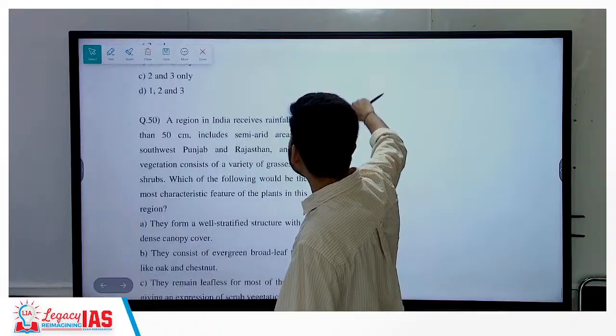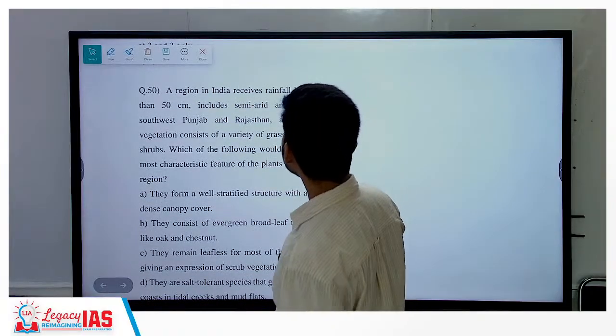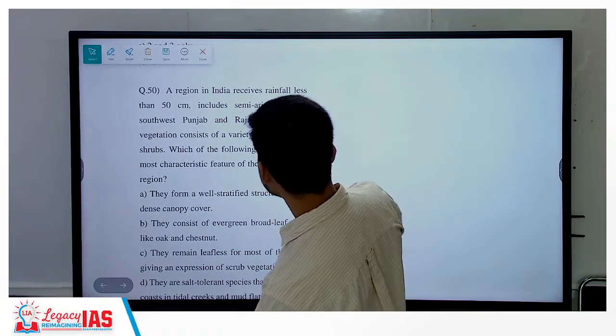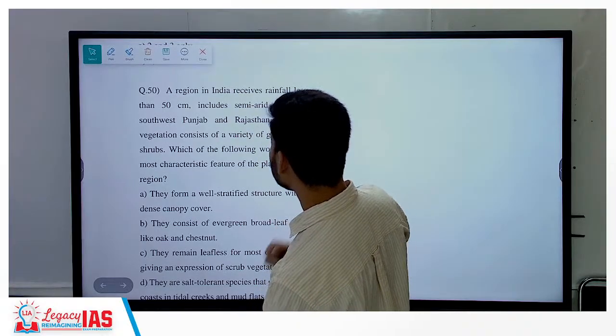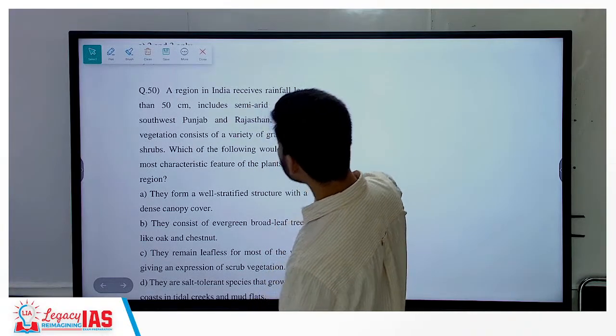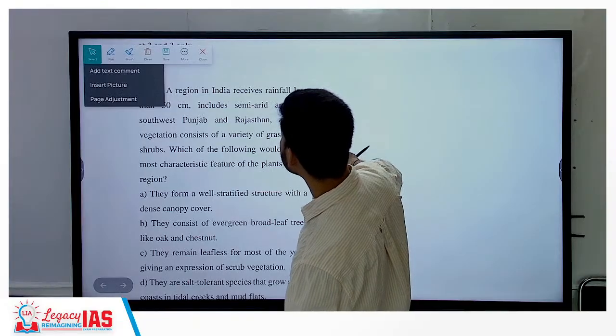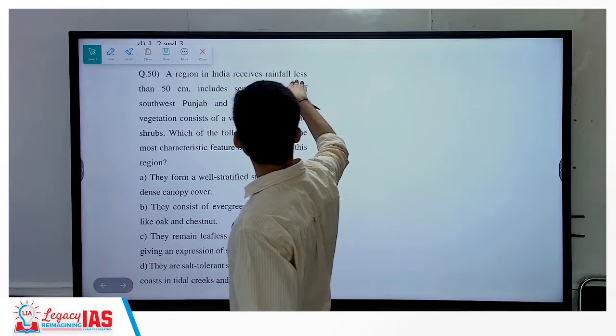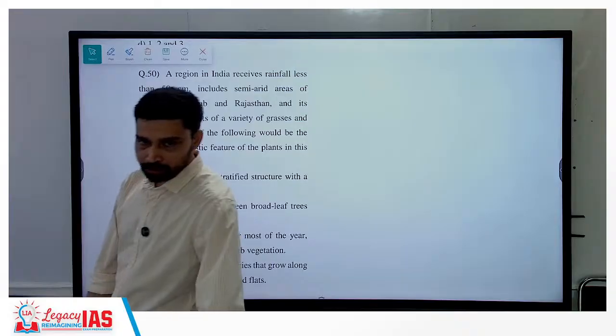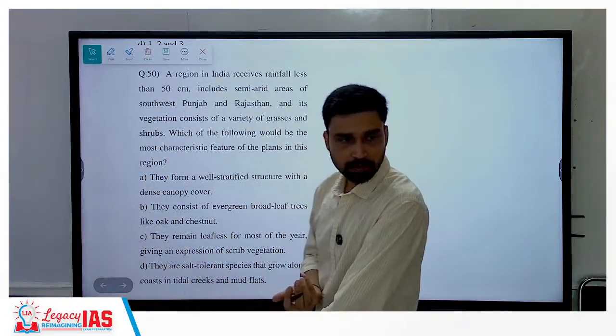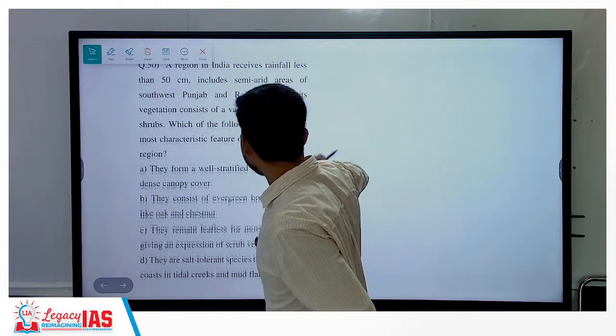A region in India receives rainfall less than 50 centimeter, including semi-arid areas of southwest Punjab, Rajasthan. Its vegetation consists of a variety of grasses and shrubs. Which of the following would be the most characteristic feature of the plants in the region? So see, simple, receiving less than 50 centimeter of rainfall. Which kind of vegetation? Tropical thorn, xerophytic vegetation. So what is the correct option?